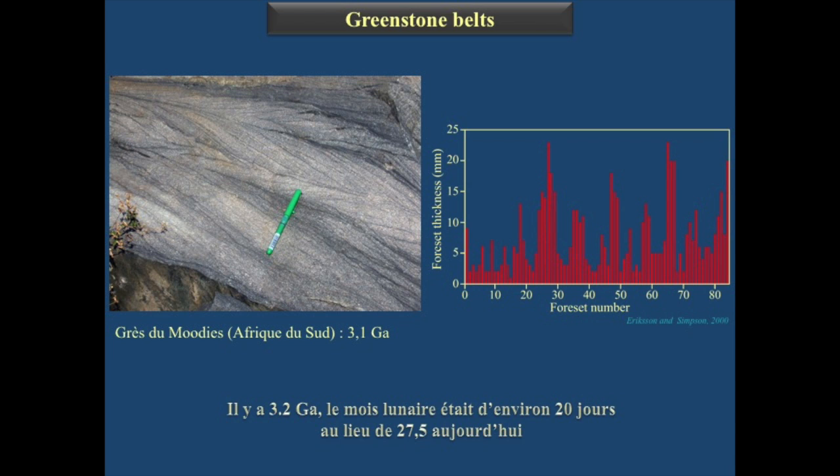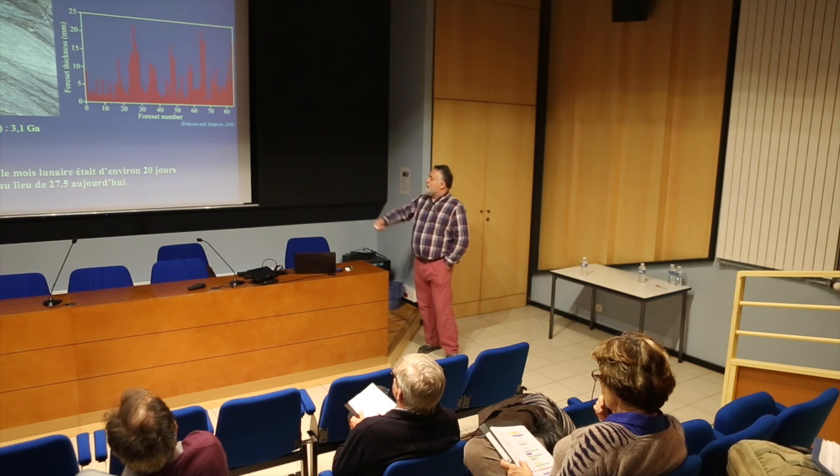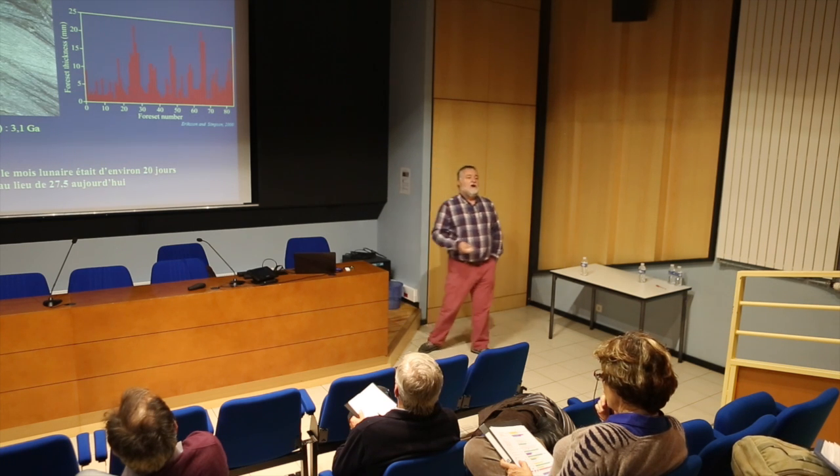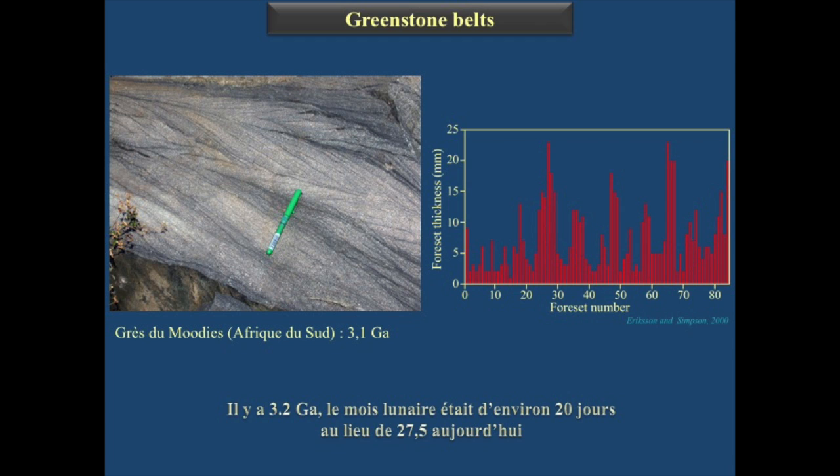So they study the tide, and they show that there is some rhythmicity. And they evaluate that the duration of a moon cycle was 20 days, when it is 28 or 27.5 days today. And so the conclusion is that the moon was closer to the Earth at that time.